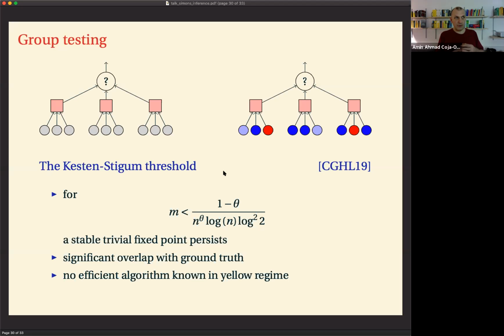Even though the solution that you would find in the group testing problem would have a significant overlap with the correct set of infected individuals, for example, because you can rest assured that anyone in a negative test is actually uninfected, there's still a trivial fixed point that pops up amongst the remaining individuals. The stability of this fixed point will stop belief propagation from homing in on the correct solution.